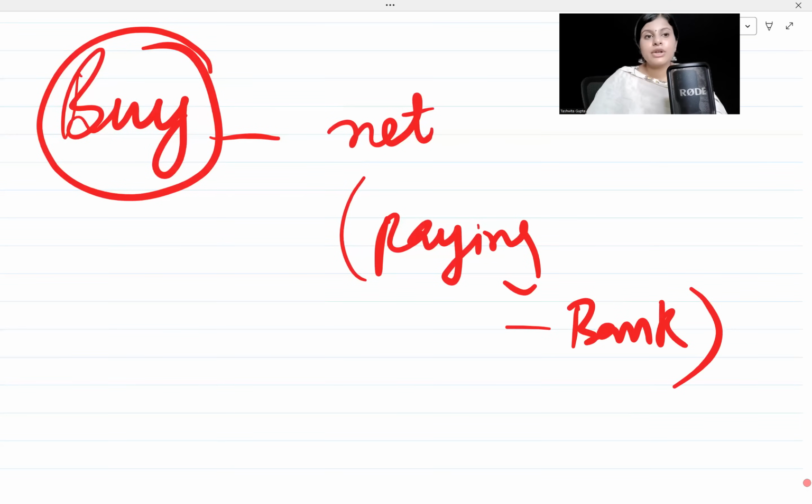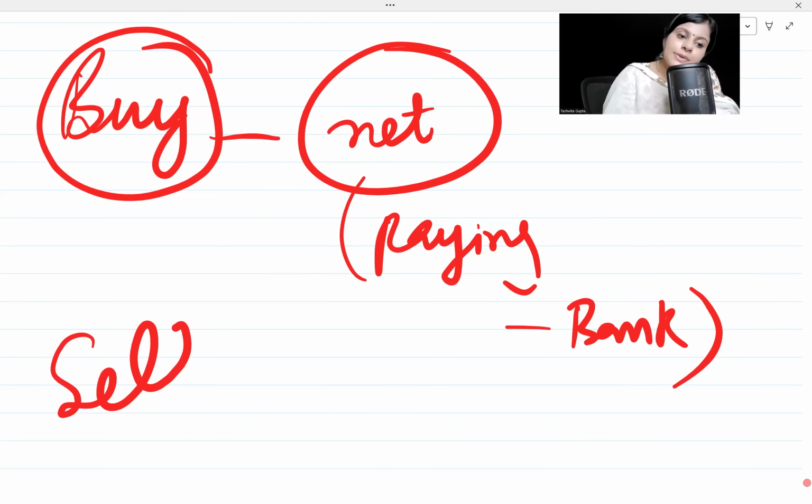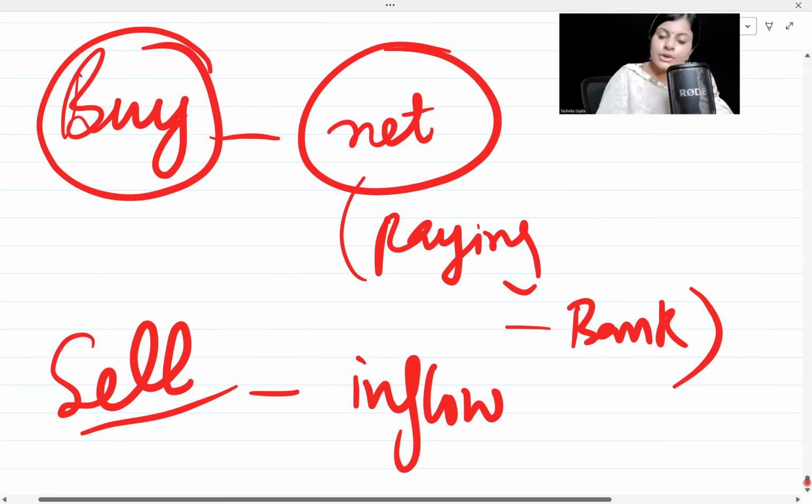The subsidiary's cash balance. So you record that outflow at net. Then if you sell a subsidiary, you are going to receive money, so there will be an inflow. Once again, you are going to record that inflow at the net amount.